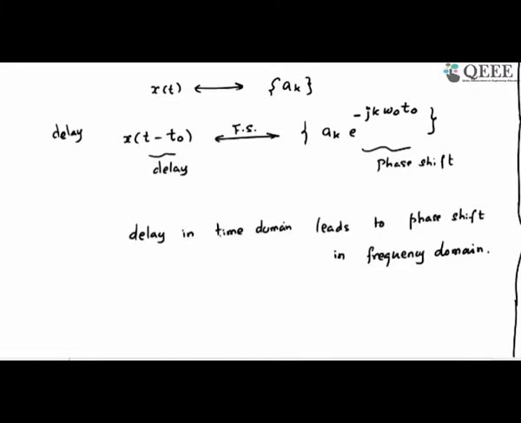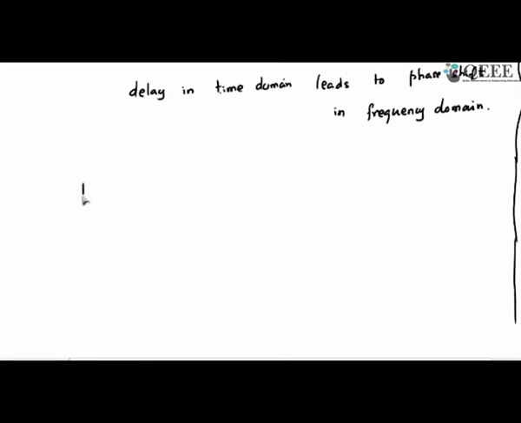Okay, so let us prove this. It is very easy. The proof is straightforward using the Fourier series representation. So x of t is sigma over k a k e power j k omega naught t. Now replace t with t minus t naught.